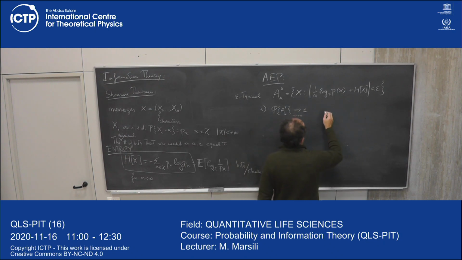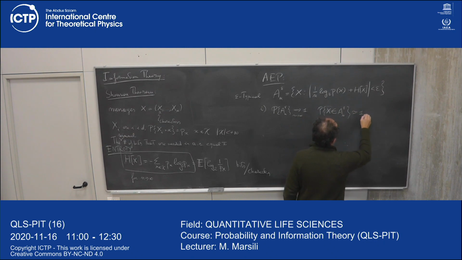So this means that if you draw at random one of these messages, the probability that this message belongs to A_n of epsilon is essentially equal to 1.